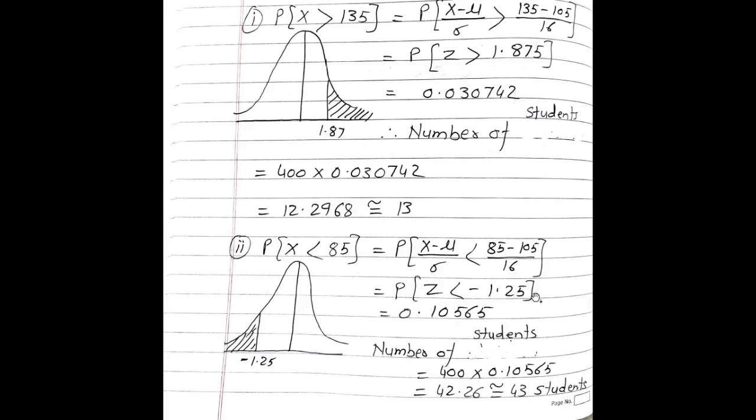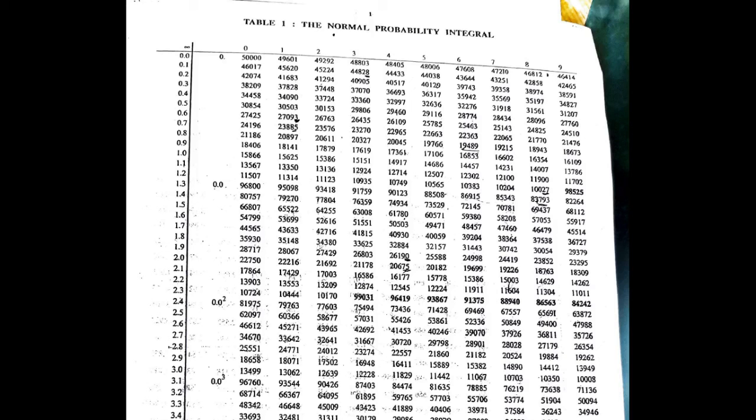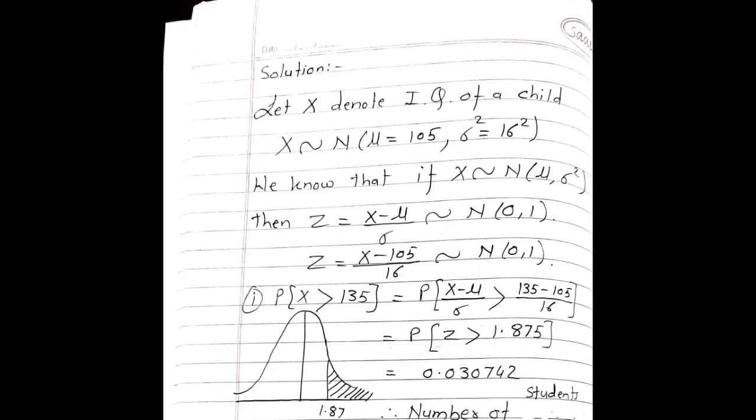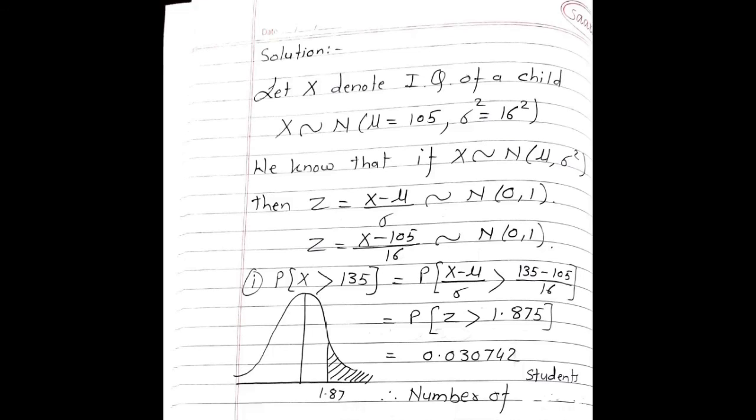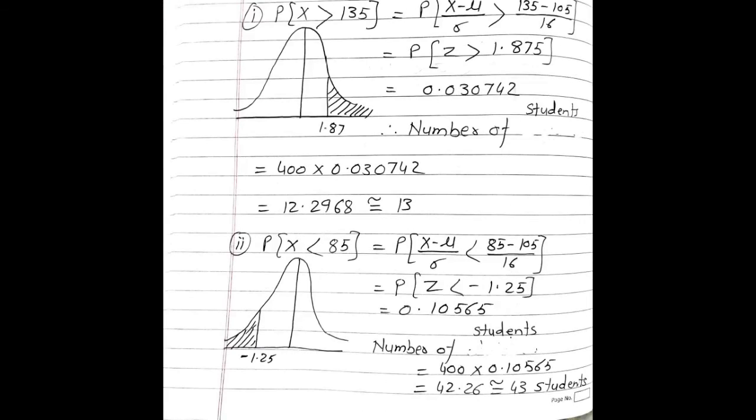1.2 in the 5th column, we will have to see the value. So 1.2 in the 5th column, 0.10565.